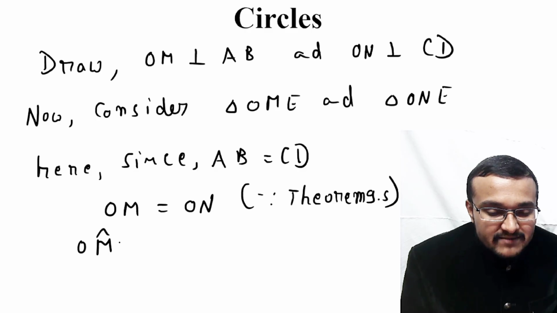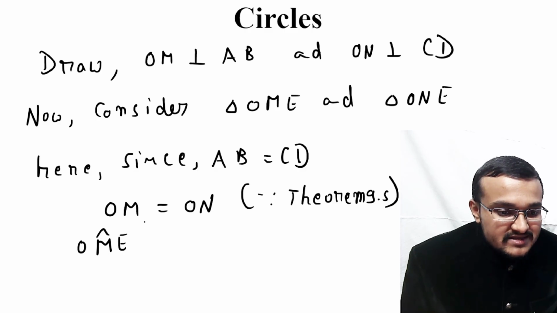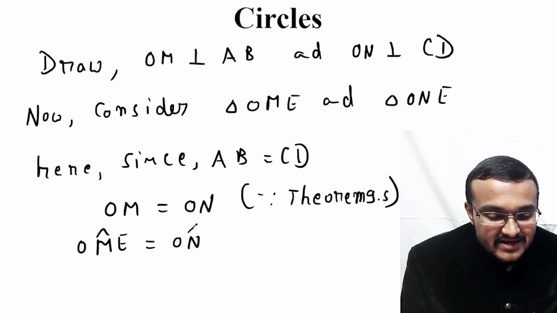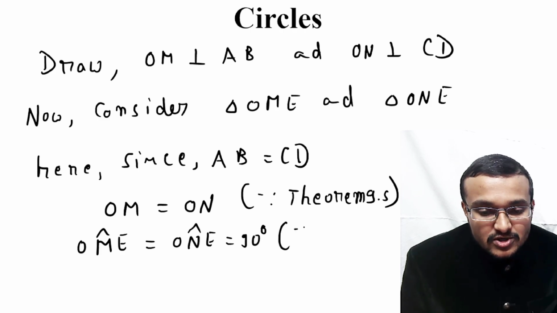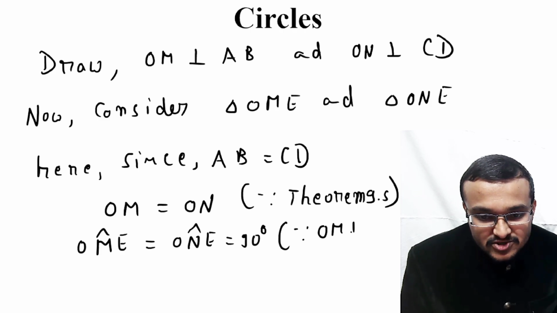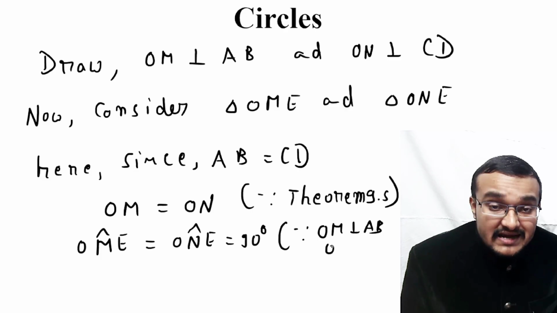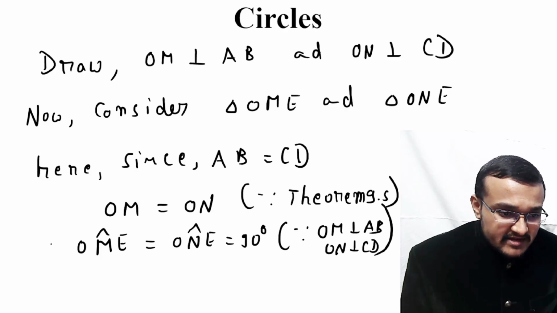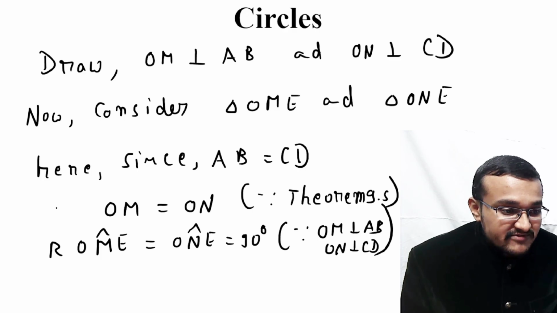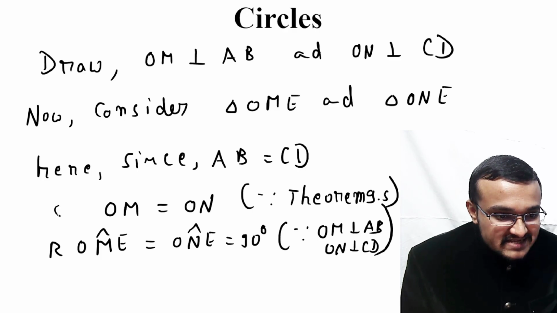And here angle OME is equal to angle ONE is equal to 90 degree because OM is perpendicular to AB and ON is perpendicular to CD. So now we have got one right angle equal and one side equal.